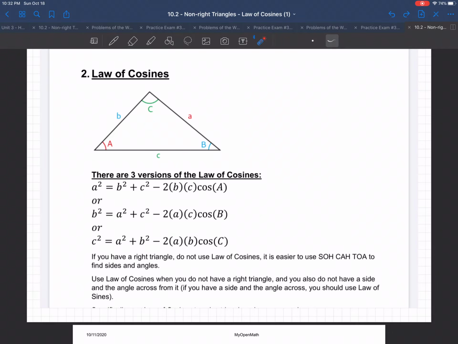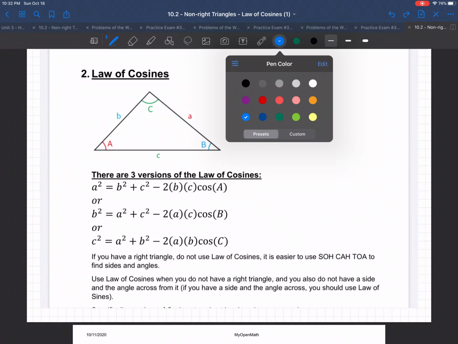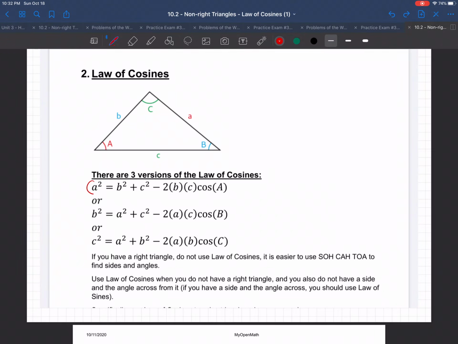See how that works? Let me draw something on there to help with that. This is A, and this is angle A. Opposite or across, let's say opposite. Opposite angle.